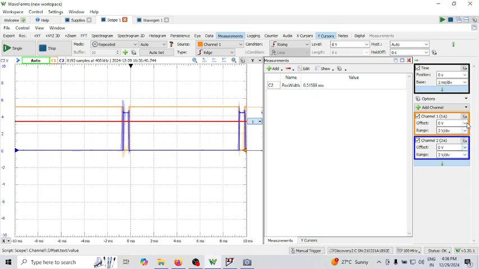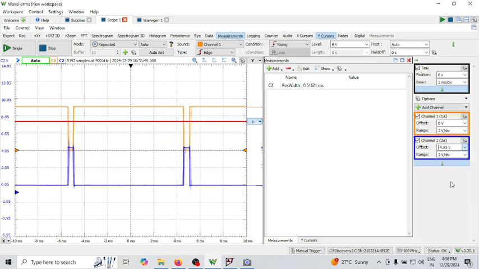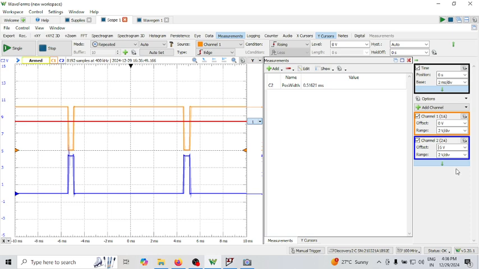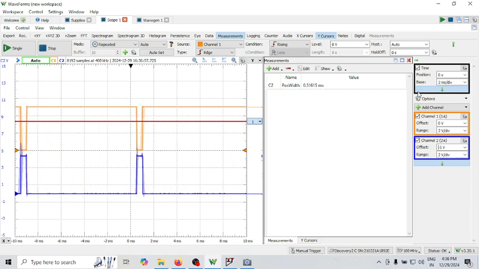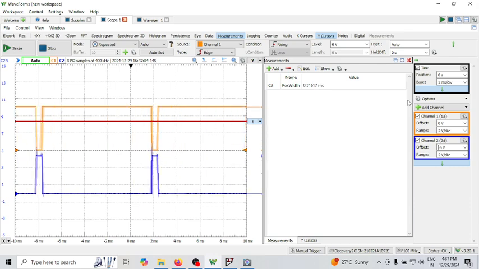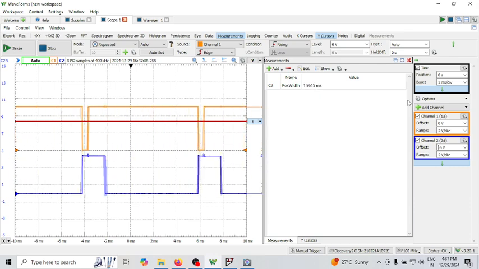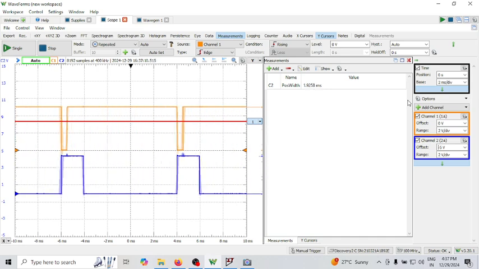Okay, one second. Let me make this at -5. Okay, there's a loose connection. Now this is fine.